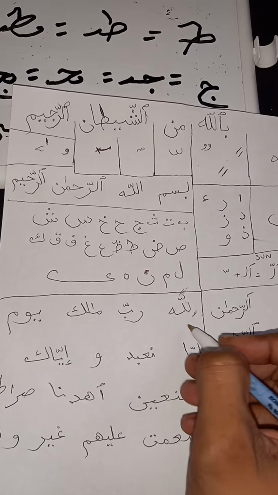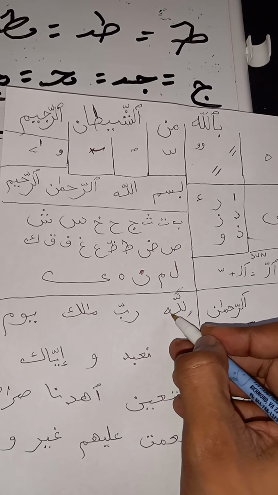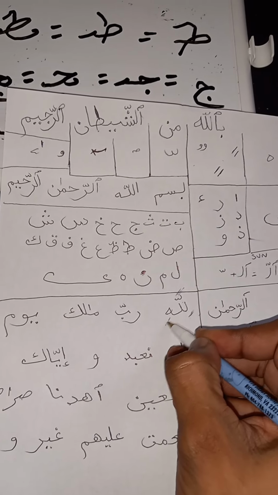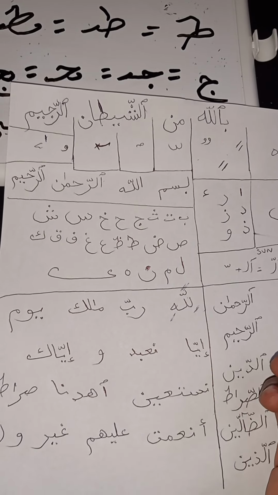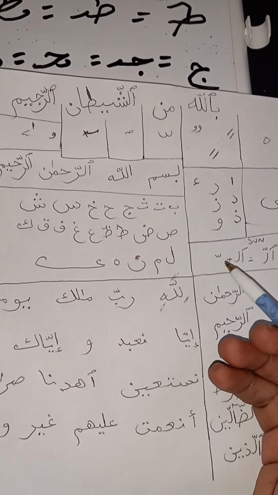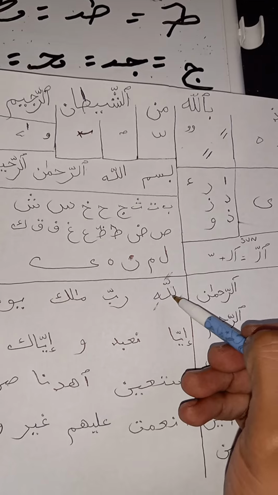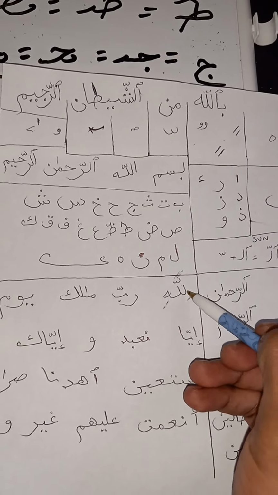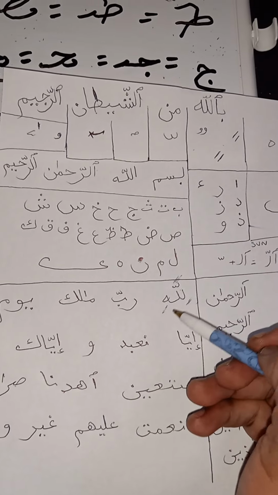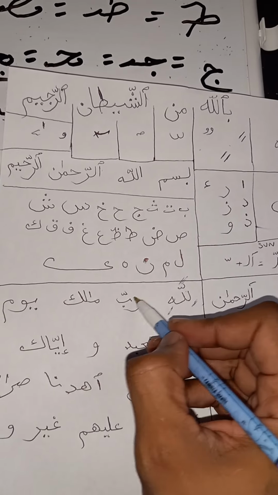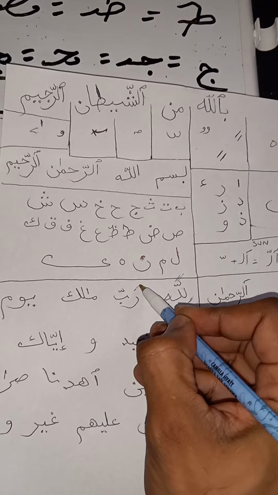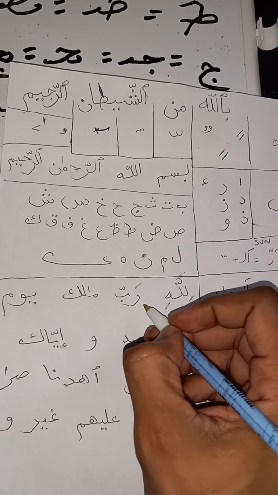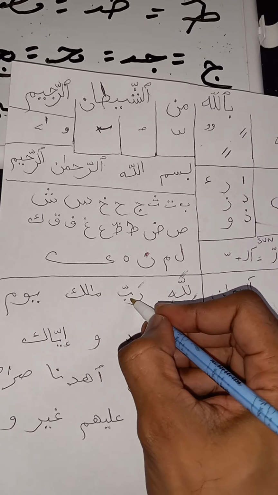And the third letter, we're going to put a kasra below it. Pen doesn't want to work. So lam kasra li, lam shadda fatha la. You put the two sounds together. Lillah, ha kasra hi, lillahi. This is a ra, you give it fatha, ra fatha ra. This is a ba shadda kasra, you're going to give it kasra.